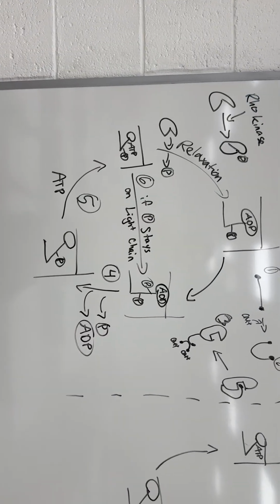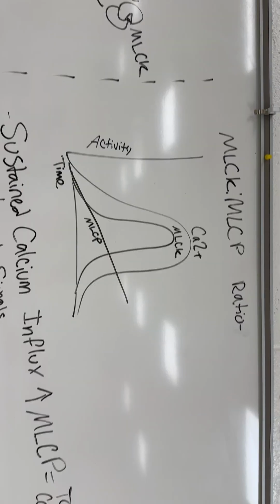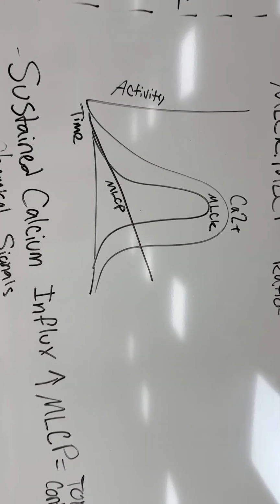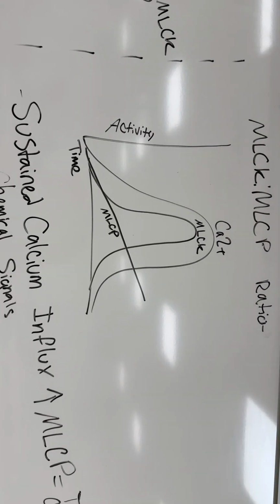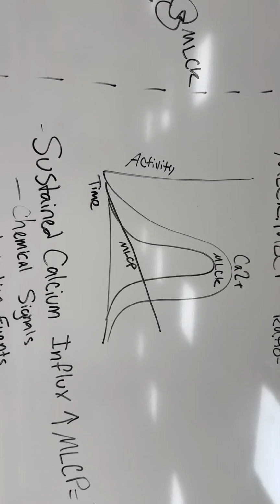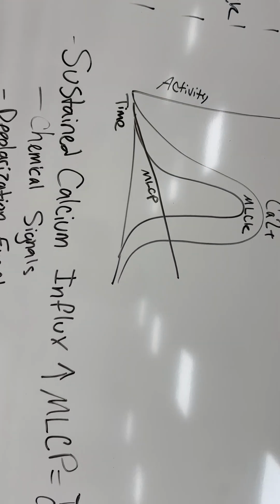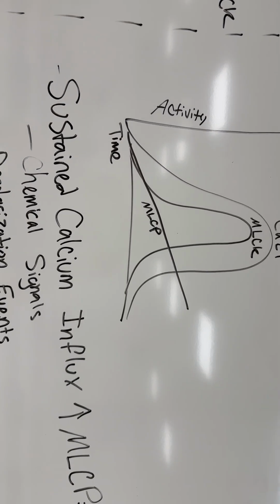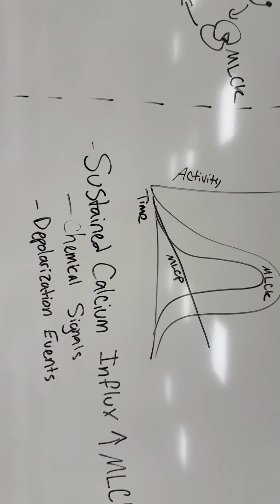So what happens though is we have this graph right here. This is very important. We have the myosin light chain kinase to myosin light chain phosphatase ratio. We see that as we have an increase of activity of calcium, we have an increase of myosin light chain kinase, because calcium is responsible for activating the myosin light chain kinase. But then we have a slow increase of myosin light chain phosphatase.